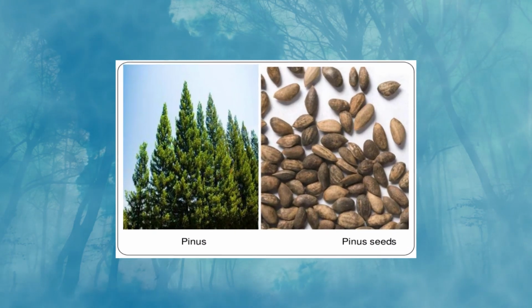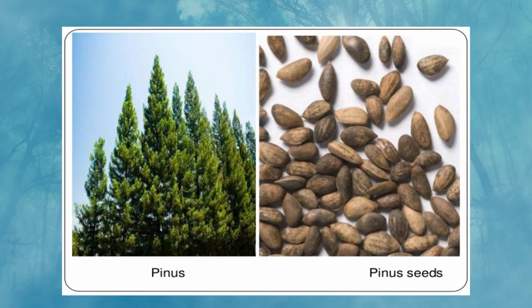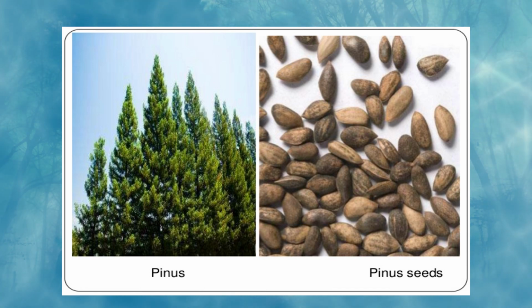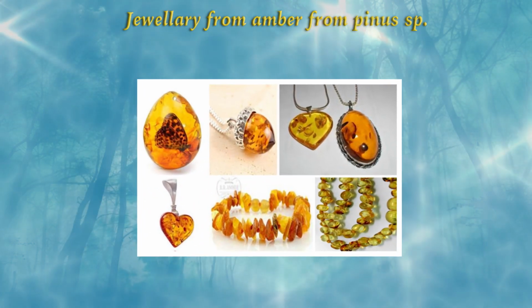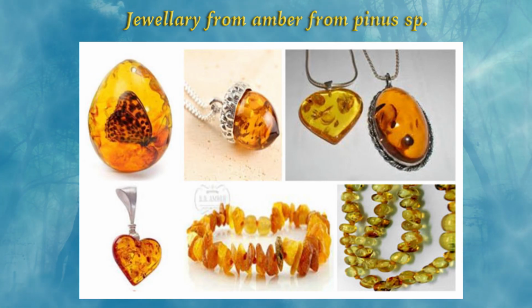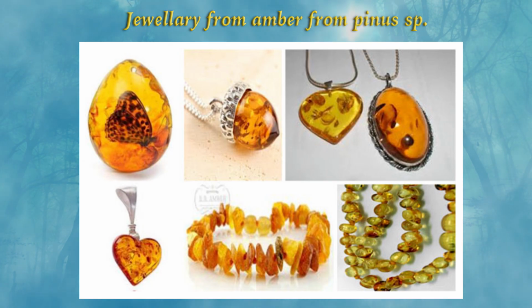All of you have eaten chilgoza, which is the seed of Pinus gerardiana. They are used in soups, nuts, biscuits and confectionery. Even jewelry is made from amber, which is found from gymnosperms; amber is found from Pinus species, and lots of jewelry has been made.